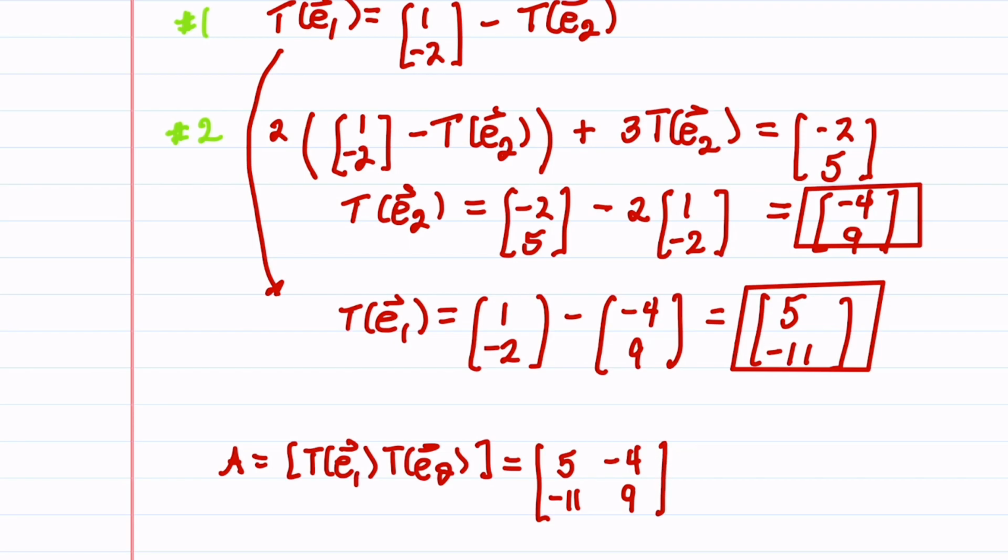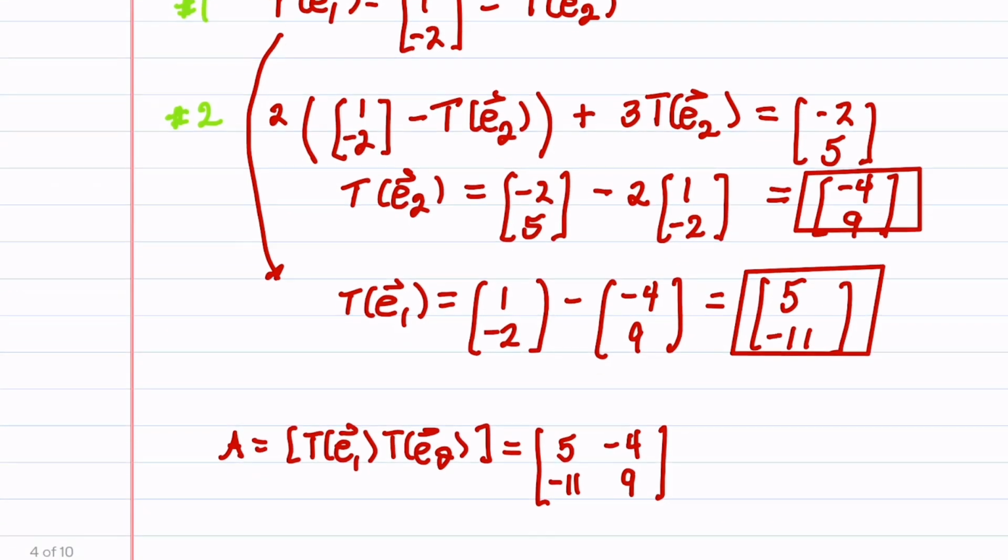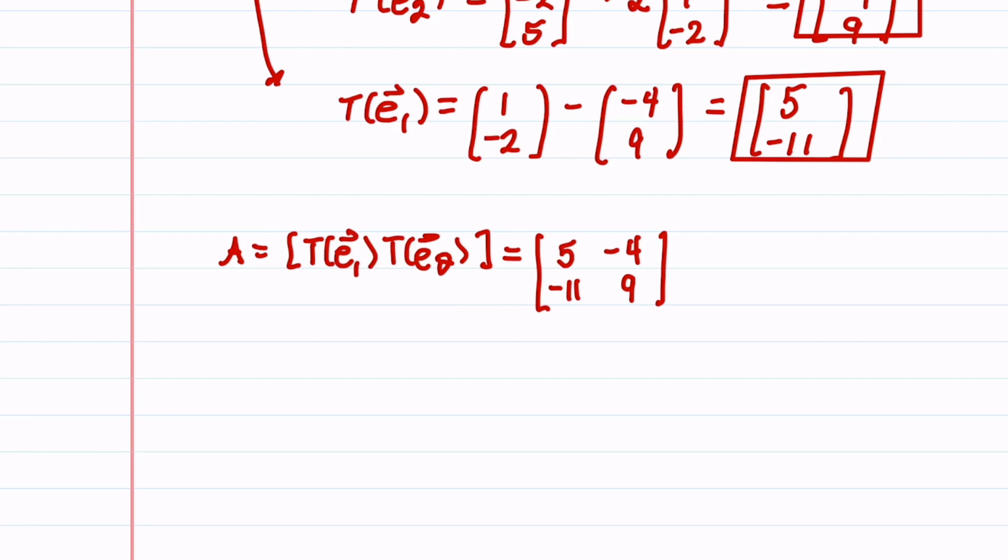So now we have a matrix that will enable us to transform any vector in the same way that it transformed the two vectors that we were given at the beginning. A nice check is we can take this matrix and multiply it by one of our vectors, and see if we get the transformation.